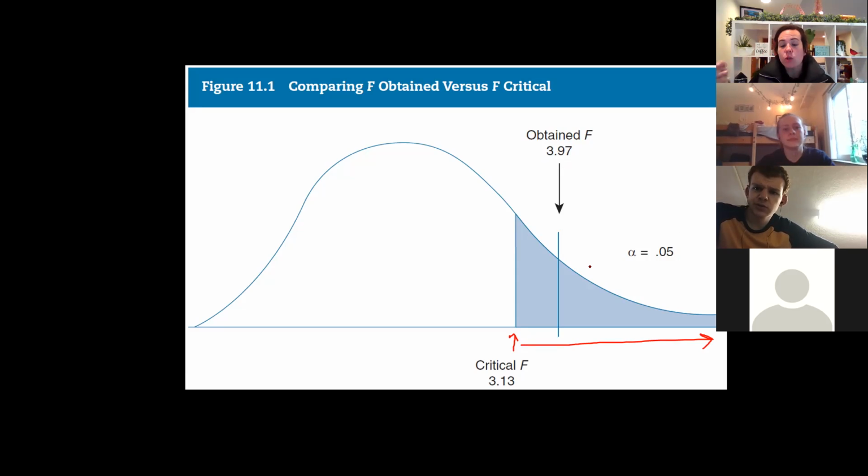So based on these values, I would reject the null hypothesis that all means are equal, because my F obtained is higher than the critical F. Much like any of the other test statistics we've done, this critical value states that from this value on, I'm 95% confident that those results were not due to error. I'm not 100% confident, I'm 95% confident.